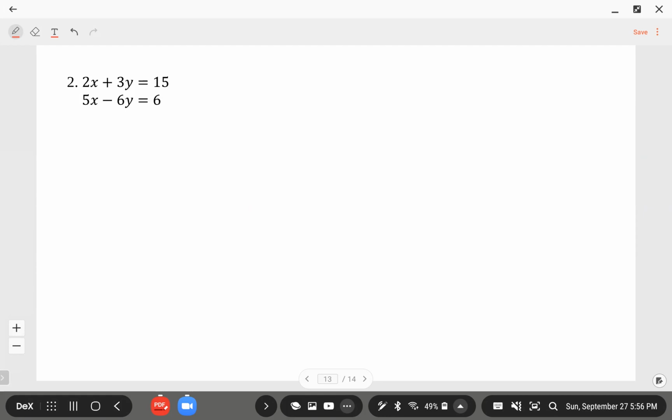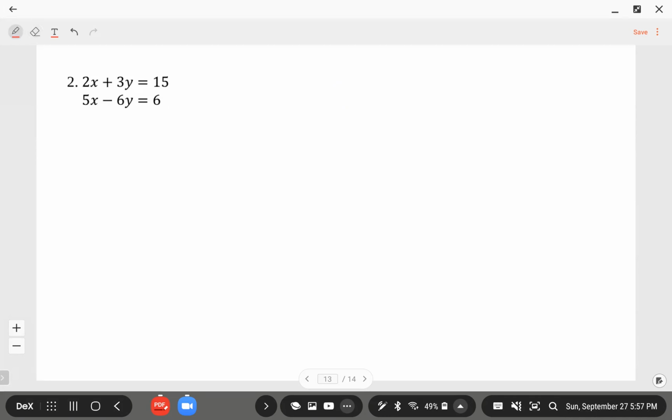If you add negative 3 and 3, they're going to cancel out. So let's say you had 2x plus 6y, then you can add the equations to eliminate y. But you can't do that right now because you only have 3y. When we have that, you have to enlarge the equation.